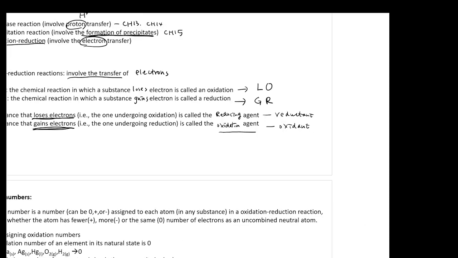In other words, a substance that lost electrons undergoes an oxidation reaction, but it can serve as a reductant. And if the species is gaining electrons, it undergoes a reduction reaction, but it can serve as an oxidant.